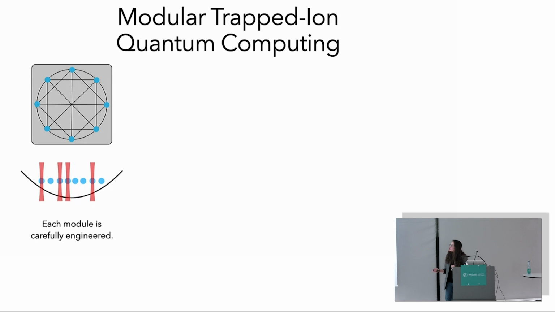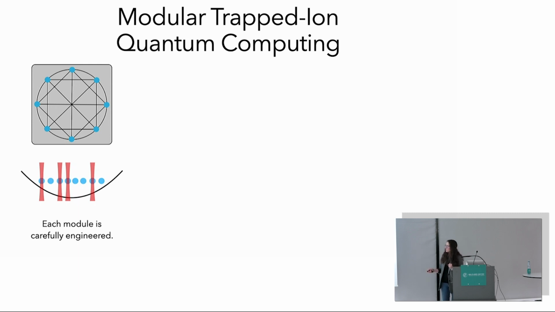All right, so the general architecture that we have in mind is some sort of modular architecture where each module is a group of ions trapped in a single potential. And as I've indicated here, they all can be connected through laser interactions.